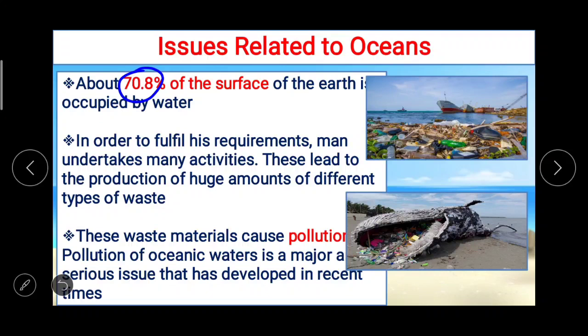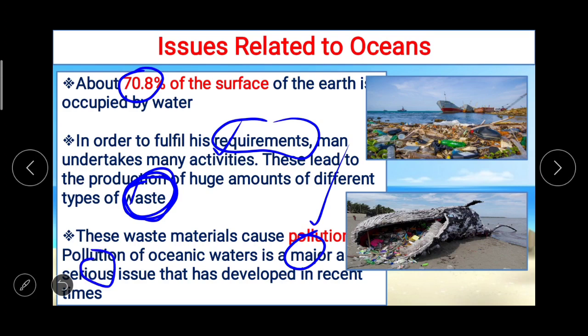In order to fulfill his requirements, man undertakes many activities, and these lead to the production of huge amounts of different types of waste, and because of this waste, these water resources are in danger nowadays. These waste materials cause pollution, and pollution of oceanic water is a major, and not only major, it's a serious issue that has developed in recent times.